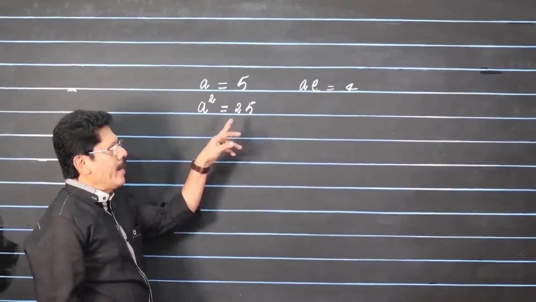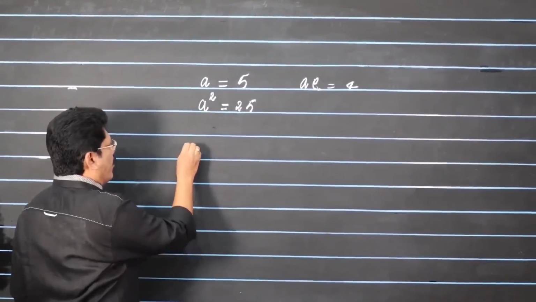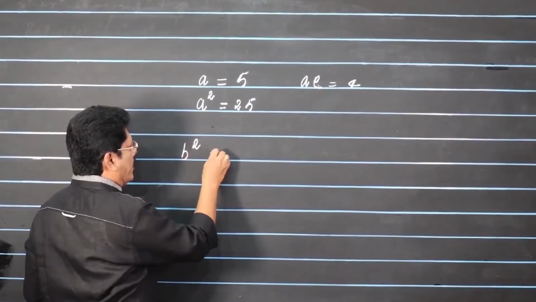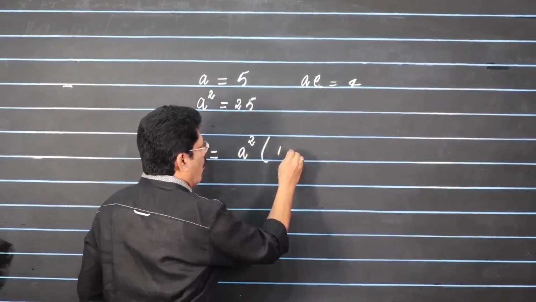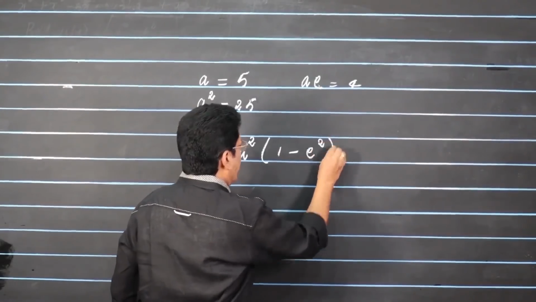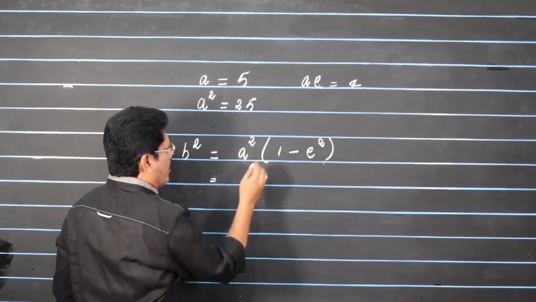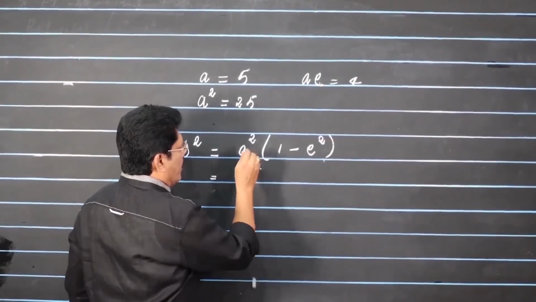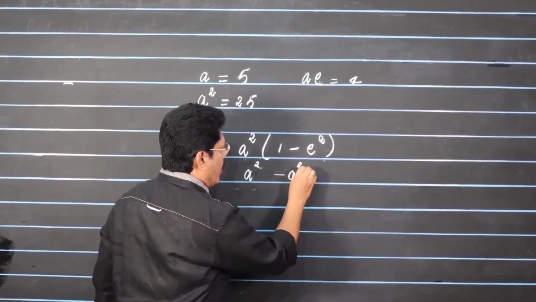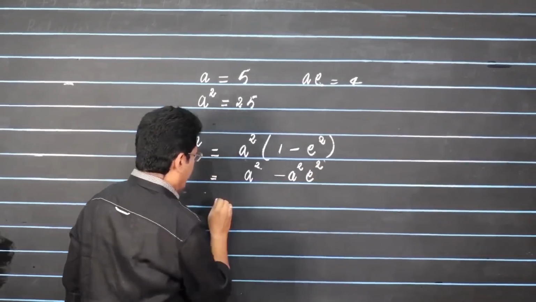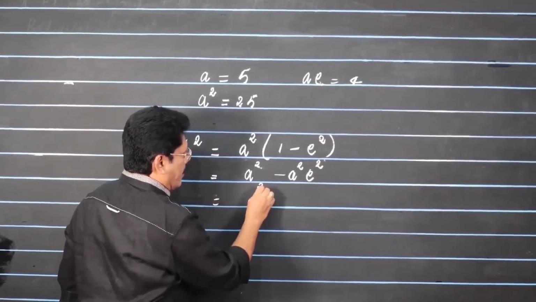On knowing A squared and AE, you can calculate the value of B squared. B squared is equal to A squared into 1 minus E squared. A squared into 1 is A squared. A squared into minus E squared is minus A squared E squared.